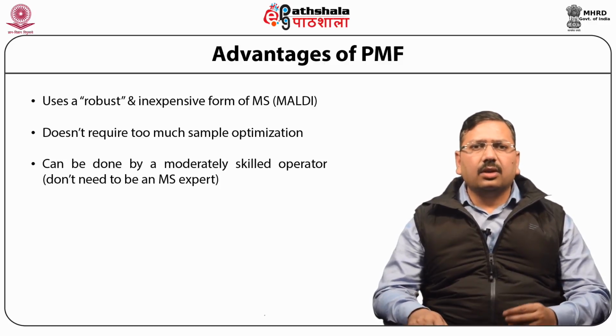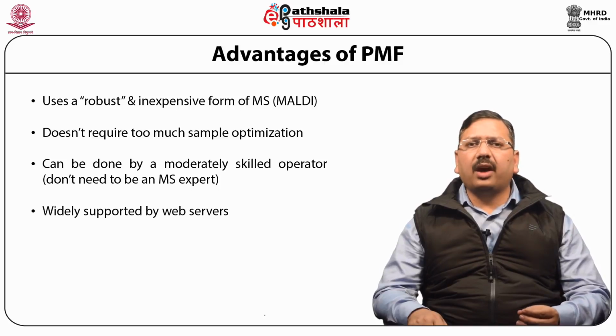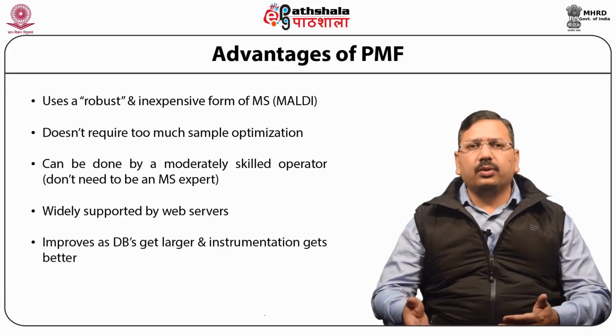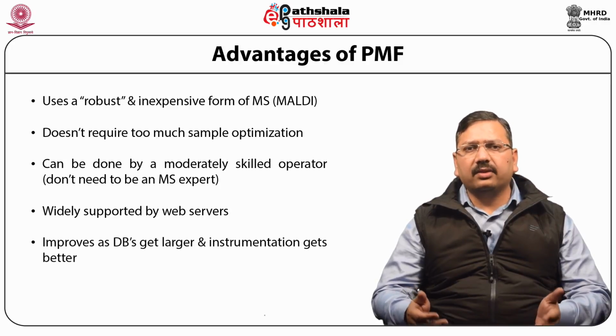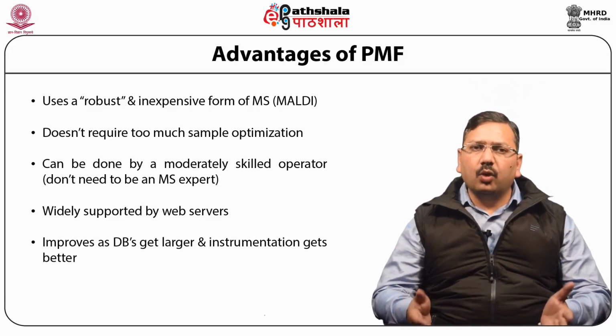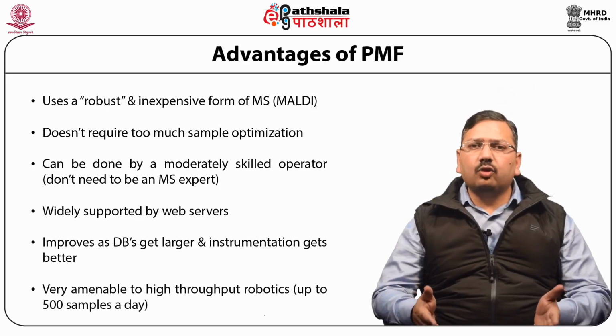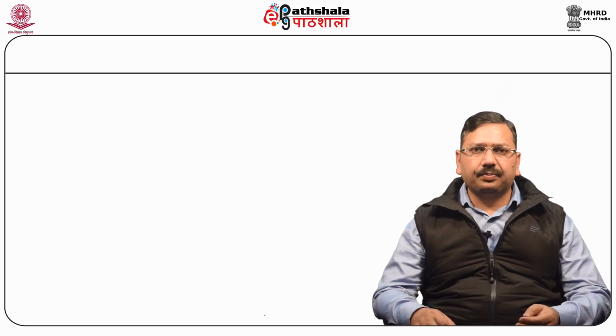It is widely supported by different web servers, and it improves a lot as databases get larger and instrumentation gets better. Moreover, high throughput robotics can be utilized, and we can go for 500 samples a day by peptide mass fingerprinting.